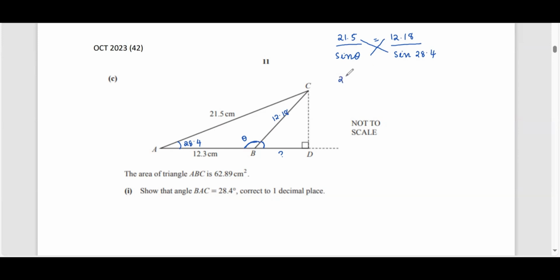So 21.5 into sine 28.4 is equal to 12.18 into sine theta.